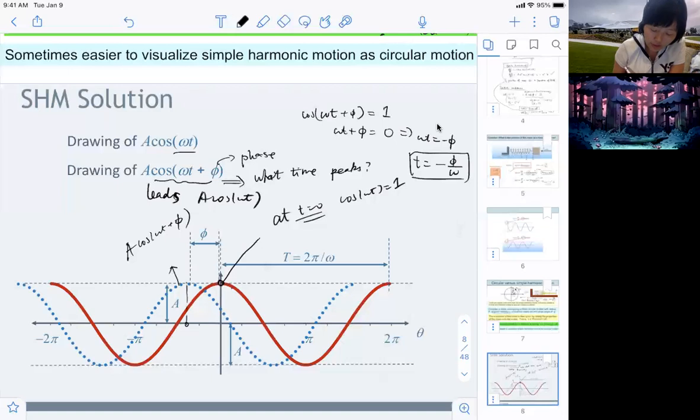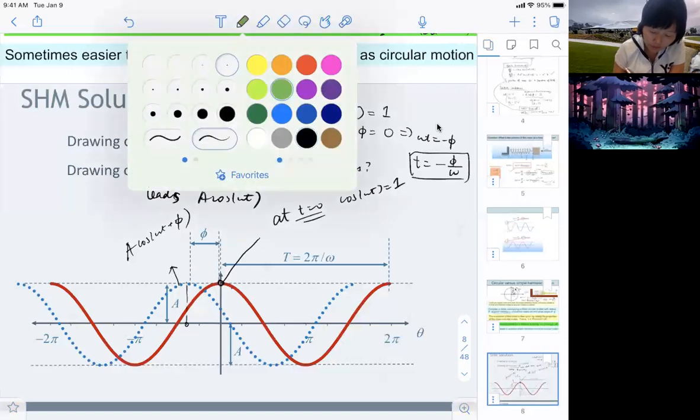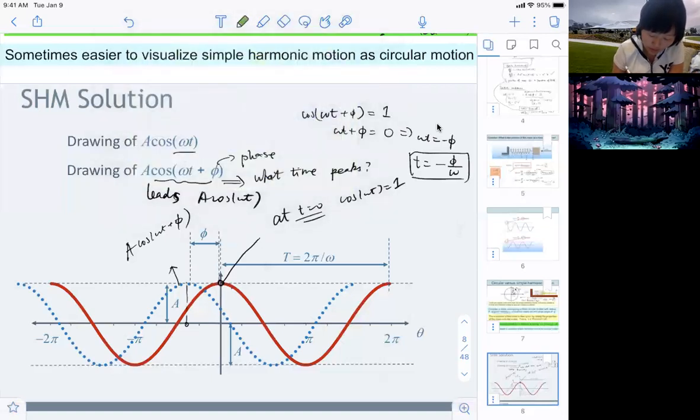If I draw another one, something like this, this green one, if you were to write out the expression for the green one, what would you do?